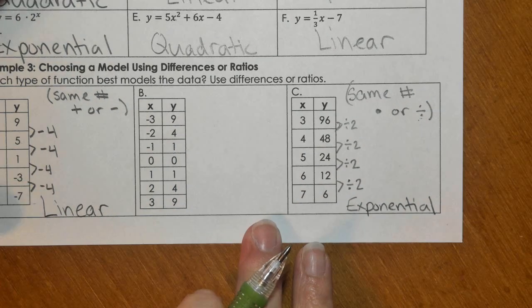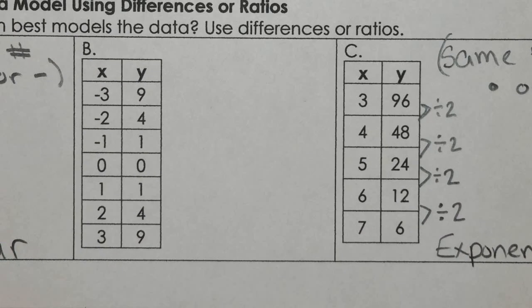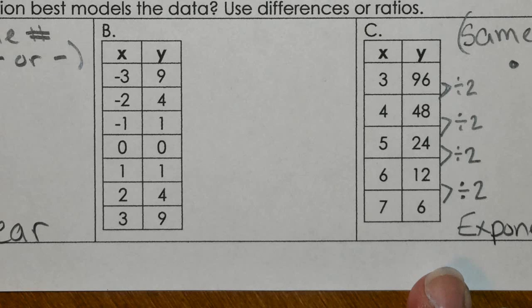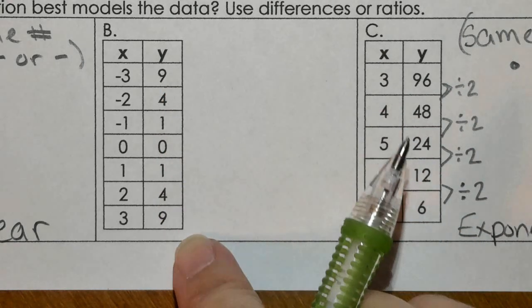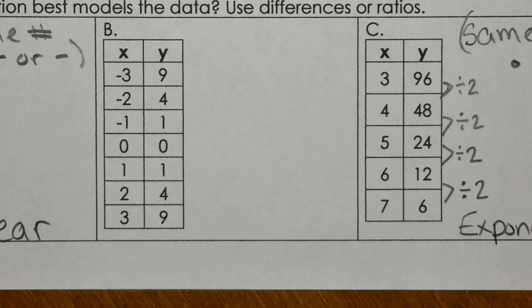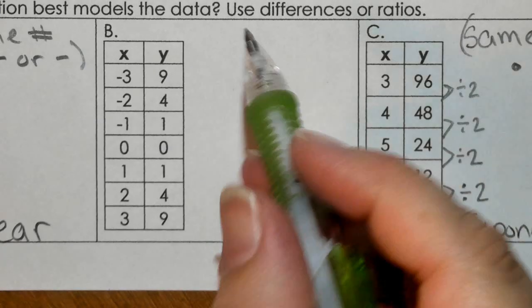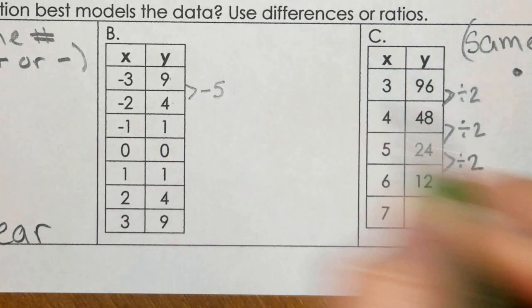All right, so last but not least, we have part B. So you probably guessed that it is definitely going to be a quadratic. Okay, so first I'm decreasing and then I'm increasing. So I'm not sure if I'm supposed to add, subtract, multiply, divide. So basically, what you do is you start figuring out addition or subtraction. So from 9 to 4, that's definitely a minus 5.